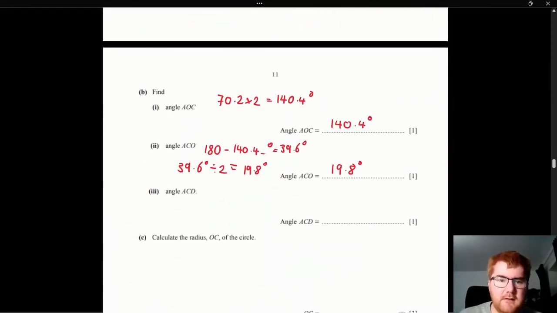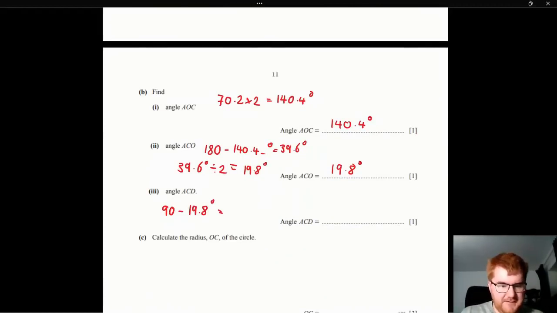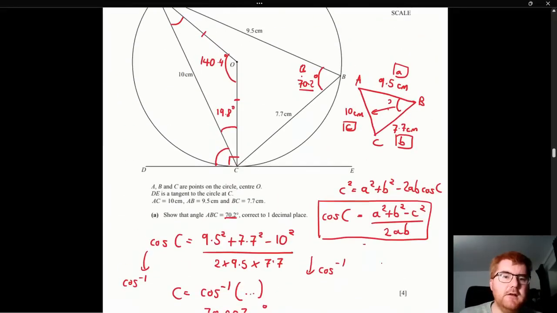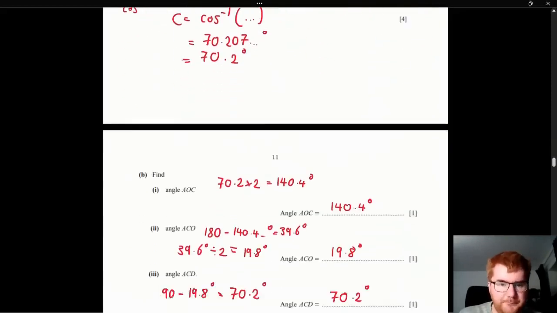So we take our previous answer, 90 minus 19.8 degrees, and that gives us 70.2 degrees. So let's pop that in. In 1 mark questions, it shouldn't be anything too complicated to get to the answer.